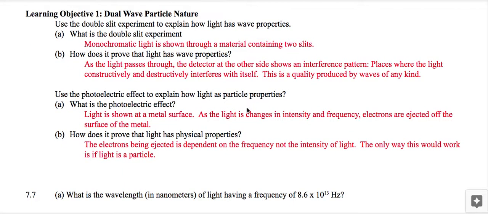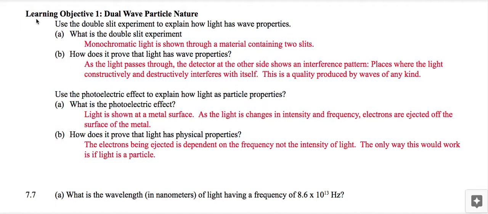All right, starting with objective number 1, the dual wave particle nature of stuff in general. We're going to start with light, because that's the first thing that we know will have both particle and wave properties. And so we separate this into the two different categories.